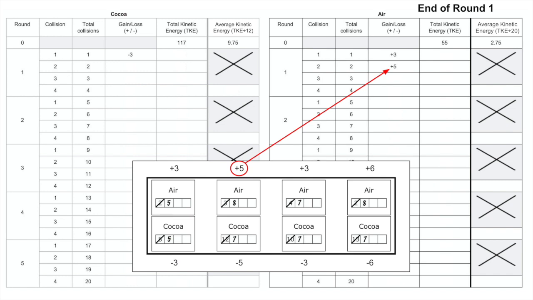From the second collision, the air molecule gained 5, so we write plus 5 in the gain-loss cell. And the Coco molecule lost 5, so we write minus 5 in the gain-loss cell. We continue this process to see that the third collision air gained 3, while the Coco lost 3. And the last collision, the air gained 6, while the Coco lost 6.